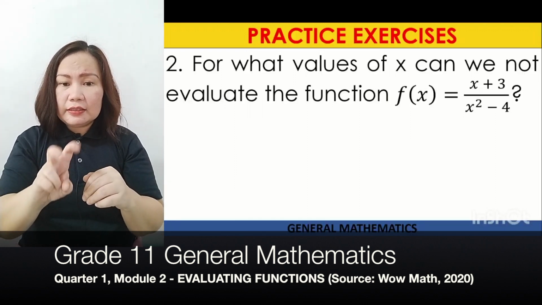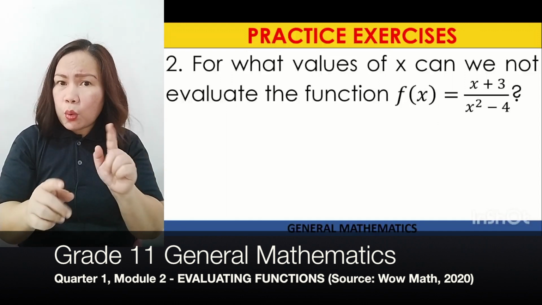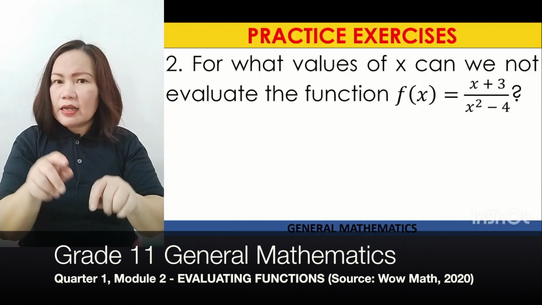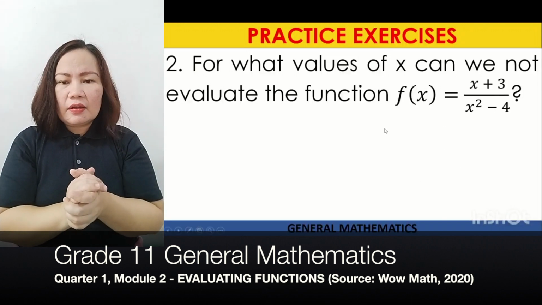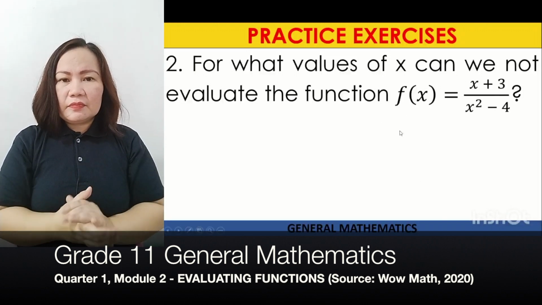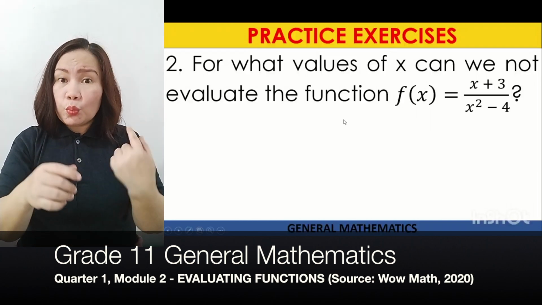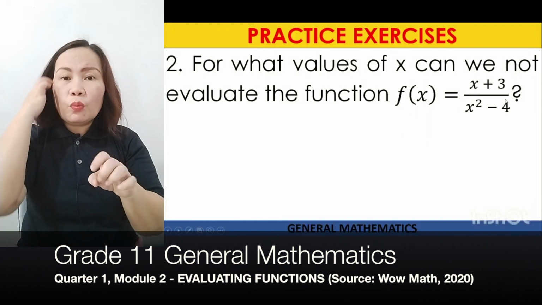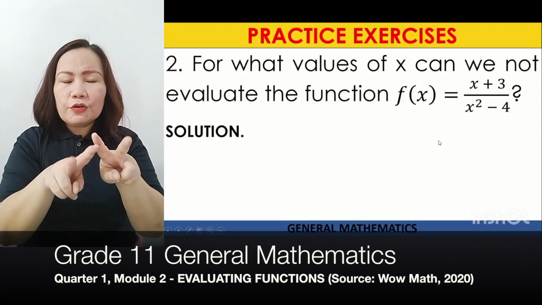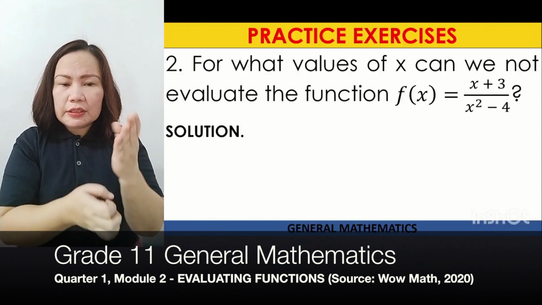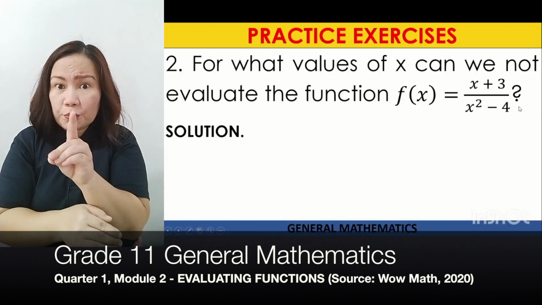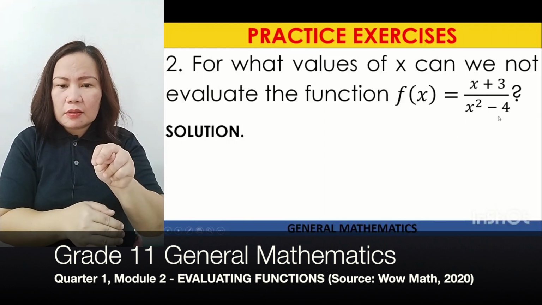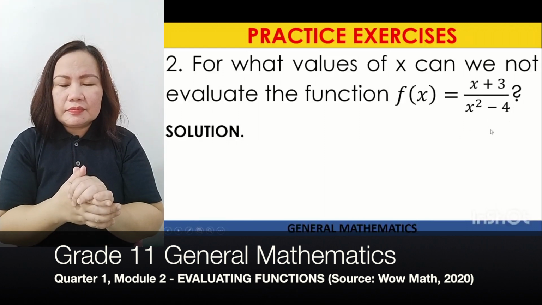So ano daw yung value ng x na hindi natin pwede i-evaluate ang function na to? So anong magiging value ng x na hindi natin mai-evaluate yung function na yan? Of course, yung hindi kasama sa domain niya. So anong titingnan natin? Yung nasa baba, yung denominator natin. So dapat hindi to mag-0.